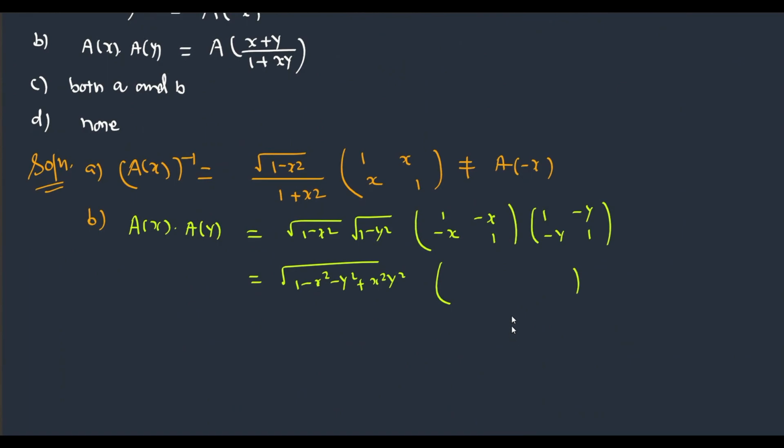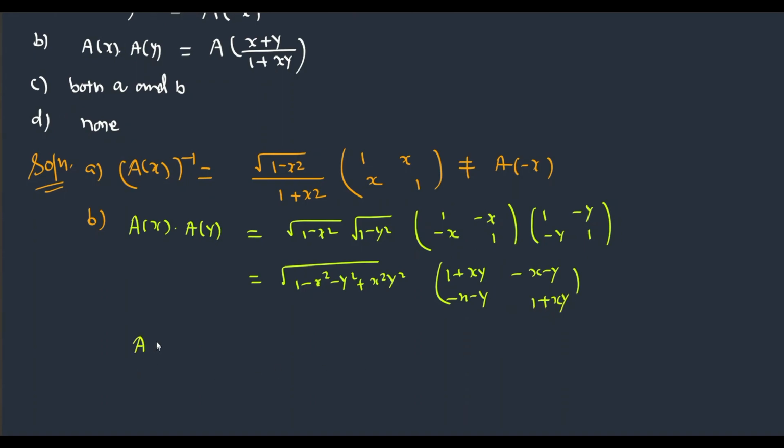First row first column 1 plus xy, first row second column minus y minus x, second row first column minus x minus y, second row second column 1 plus xy.